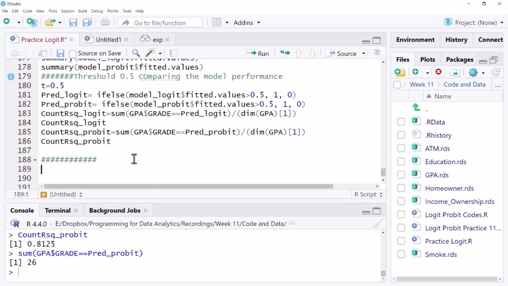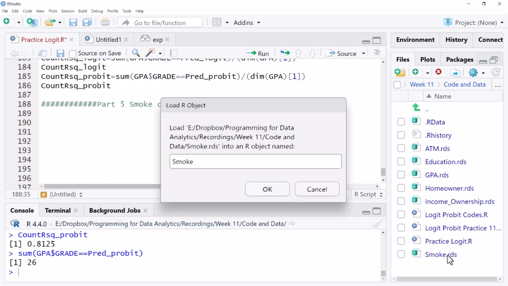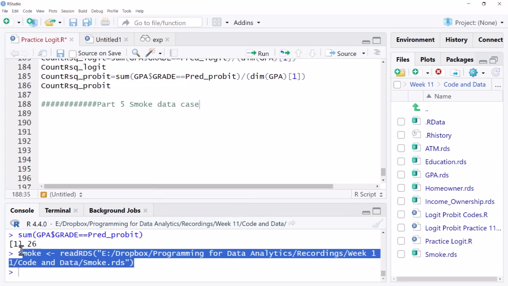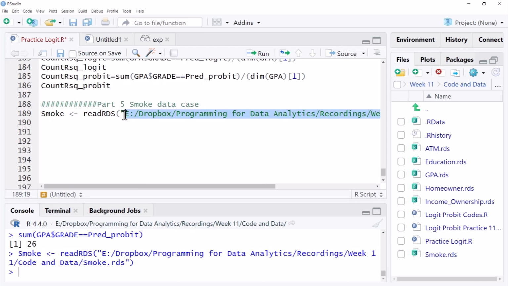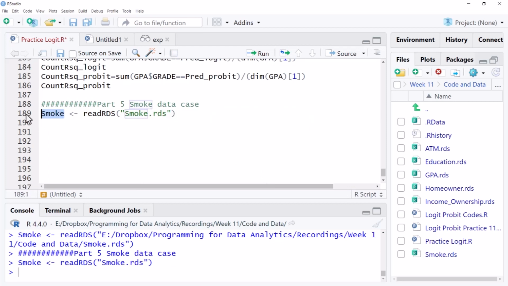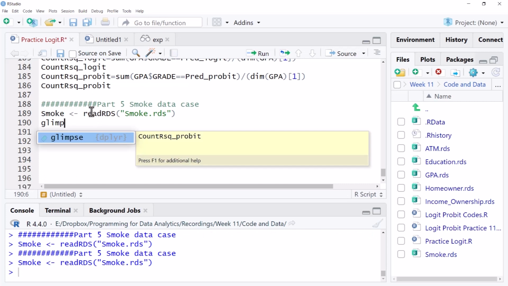Let us start with case 5, which is the smoke data case. First and foremost, we'll read the smoke data. As I run it, let's have a glimpse of this data.